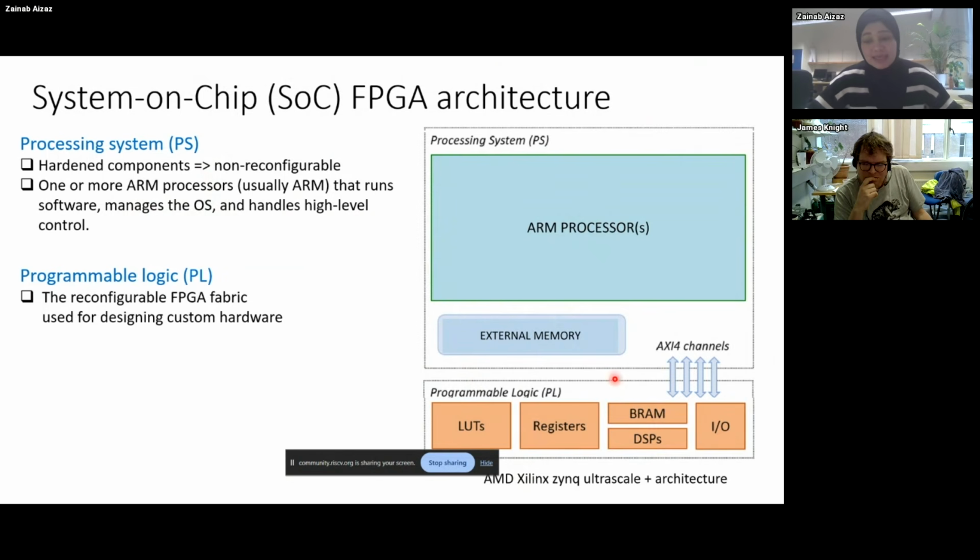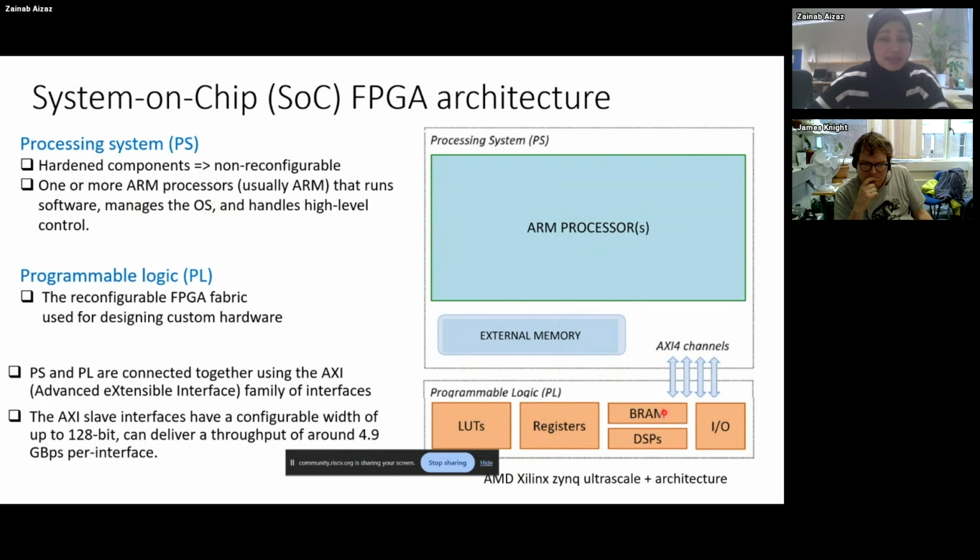The PS and PL are connected using AXI, the Advanced Extensible Interface, which is a standard bus system used by ARM. It is a high performance bus and can deliver a throughput of around 4.9 Gbps per interface.